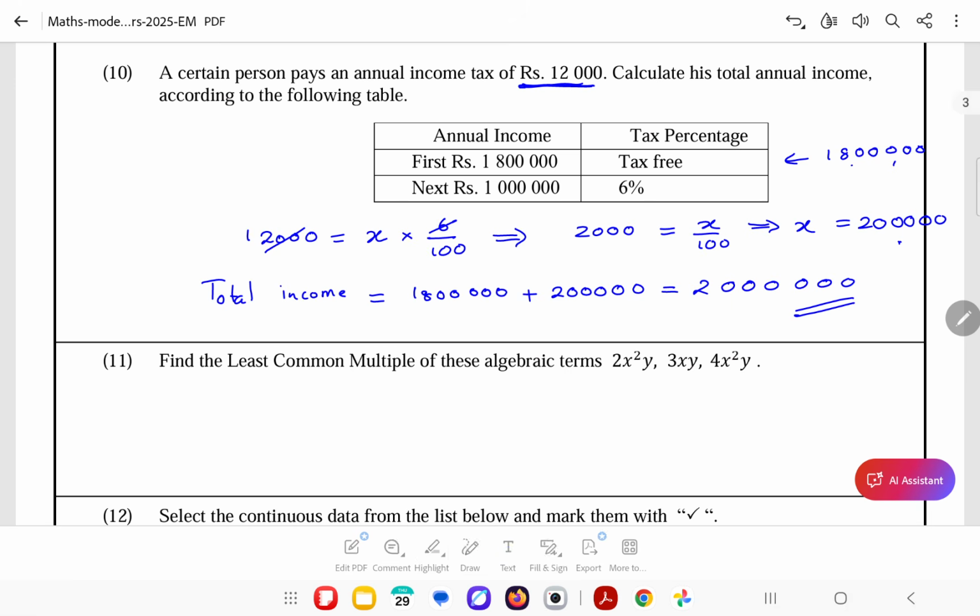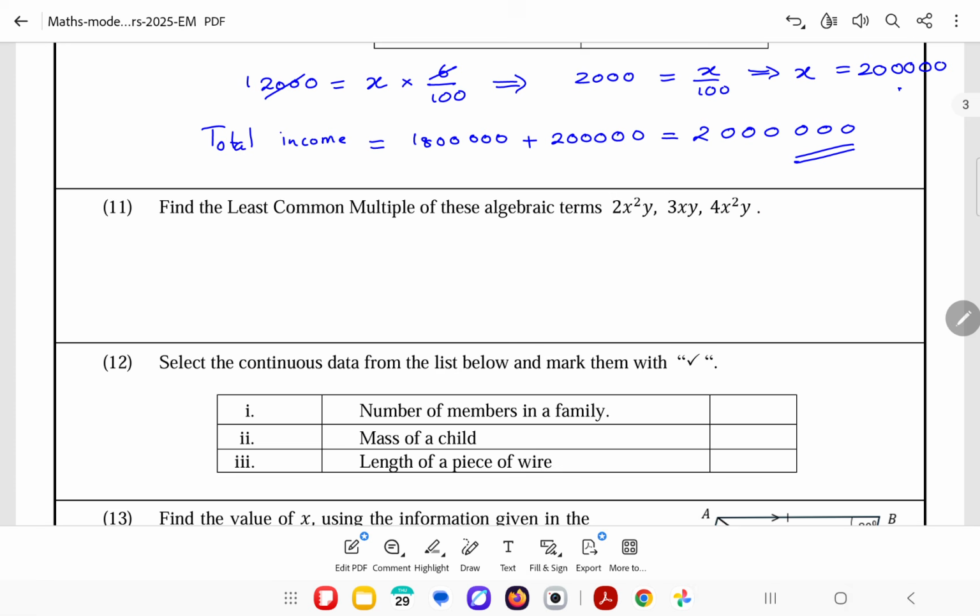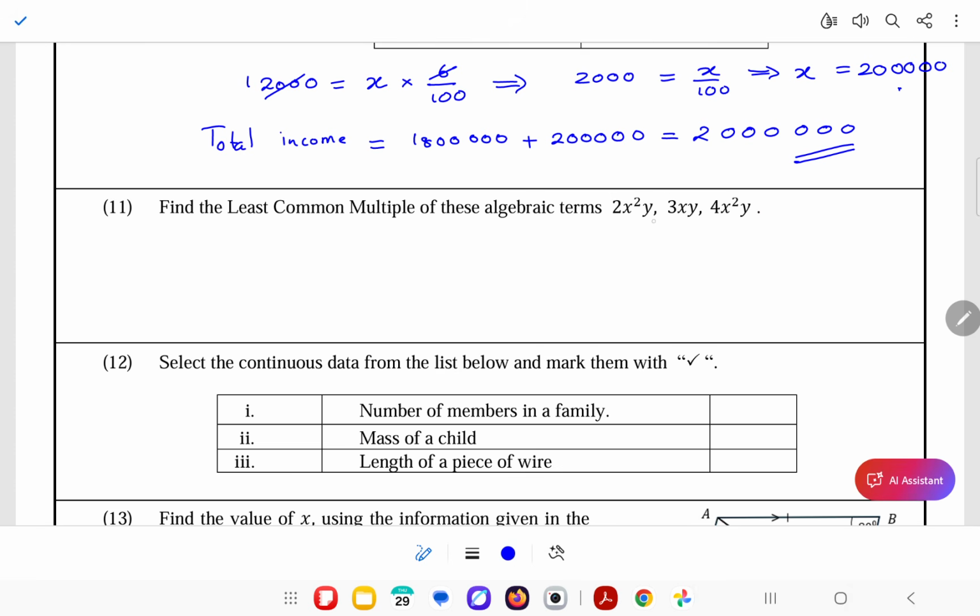So that is the total income, right? Find the least common multiple of these algebraic terms, right? First let's find the least common multiple of 2, 3, 4. What is that? 12, no? 12 is the least common multiple of 2, 3 and 4. Then x terms, x squared, no?